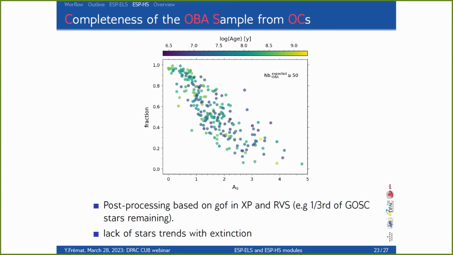What we see here is that the completeness depends on the interstellar reddening. It's partly due to the interstellar reddening, and also probably due to the strong post-processing we applied, which is based on the goodness of fit criterion.